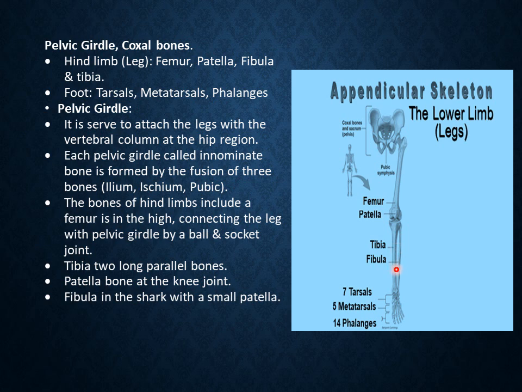These are the tibia bone, and this one is known as the fibula. These ankle bones of the foot are known as tarsals. The sole of the foot consists of 5 metatarsals. The digits consist of 14 phalanges bones.